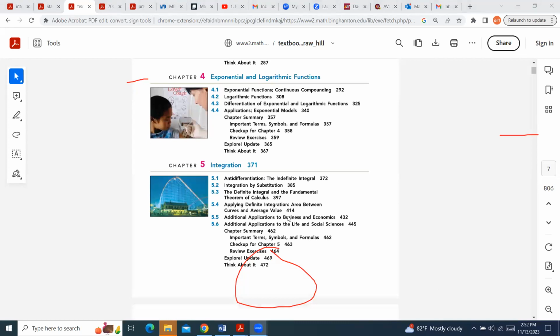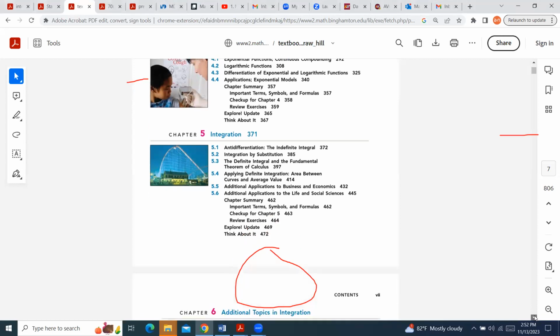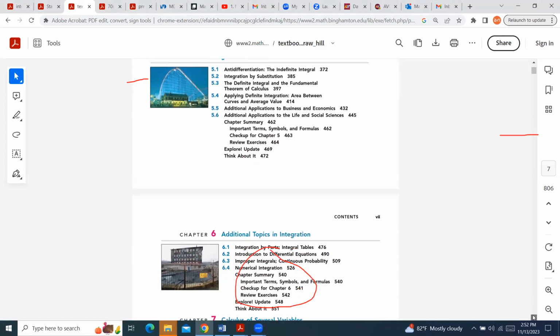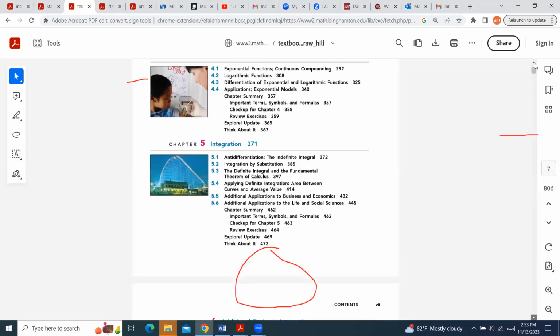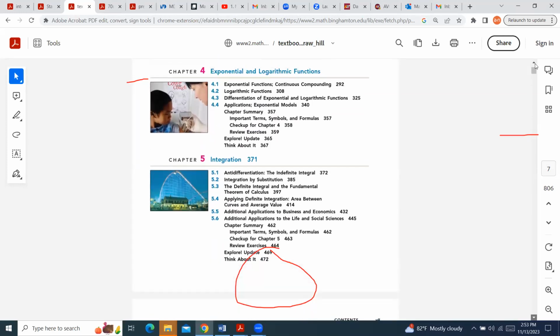So we started with chapter 4 after the midterm, logarithmic, yeah. With chapter 4, we did up to 4.3. So for the homework, 4.1 through 4.3.